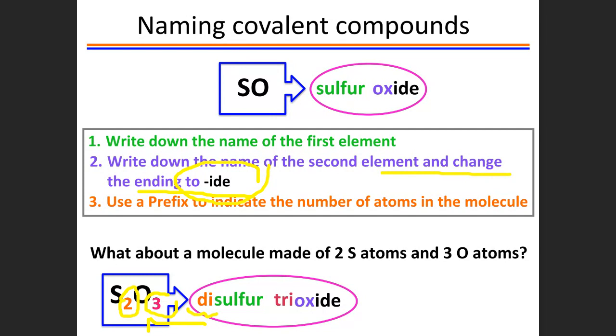In that case we have to mention it, and we know 2 means di, 3 means tri, 4 tetra, 5 penta, 6 hexa, 7 hepta, 8 octa, 9 nona, and 10 deca. That's all. You don't need more than that. So we mention disulfur trioxide.